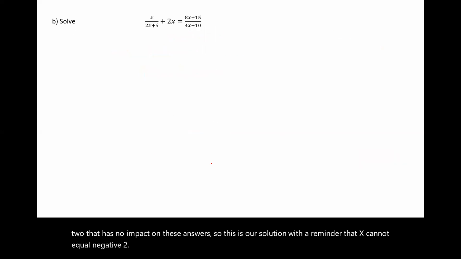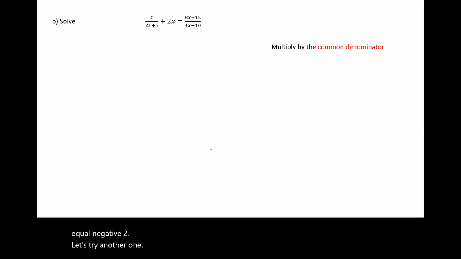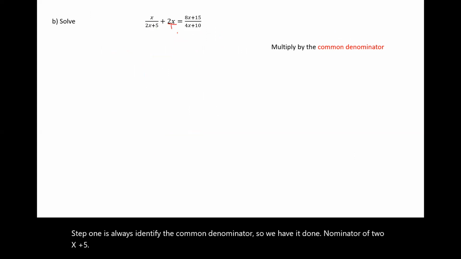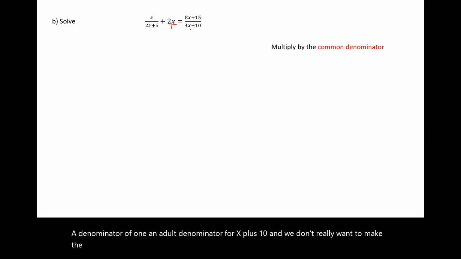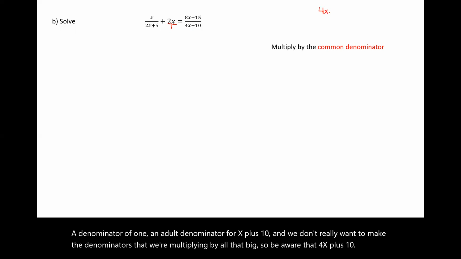Let's try another one. Step 1 is always identify the common denominator. So we have a denominator of 2x plus 5, a denominator of 1, and a denominator of 4x plus 10. And we don't really want to make the denominator that we're multiplying by all that big. So be aware that 4x plus 10 can be factored.